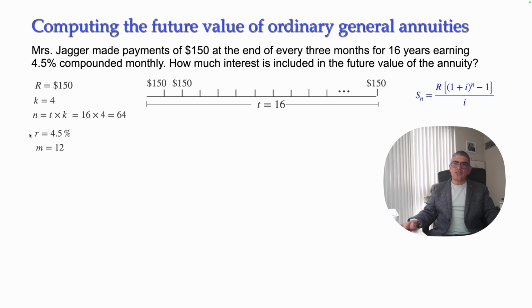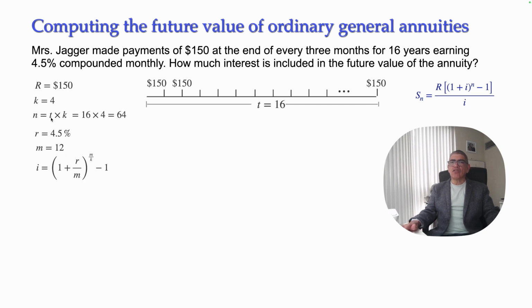So i is not just r divided by m, that is the case of a simple annuity. Now I will be using this formula: i equals 1 plus r over m, to the power m over k, minus 1. m is the number of conversion periods per year, k is the number of payments per year. You need this formula to compute the periodic rate of interest to put in the formula, in the case of a general annuity when k and m are different.